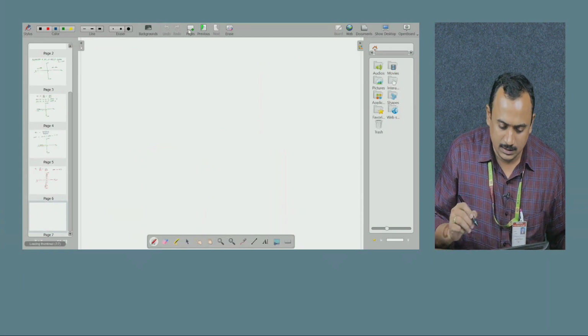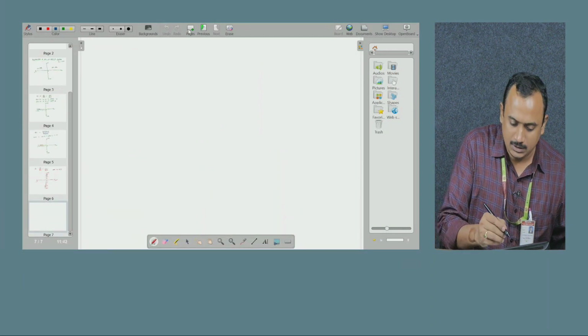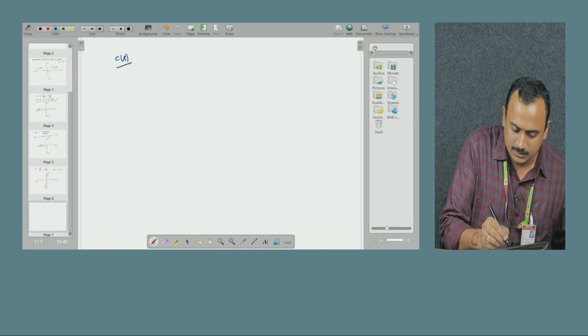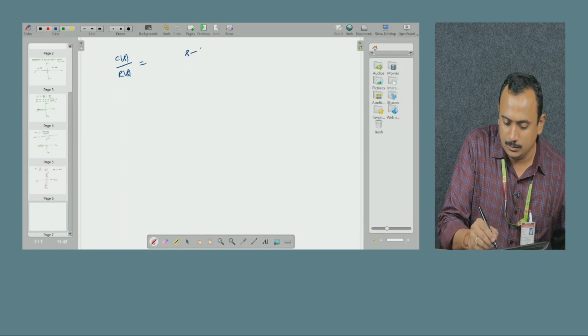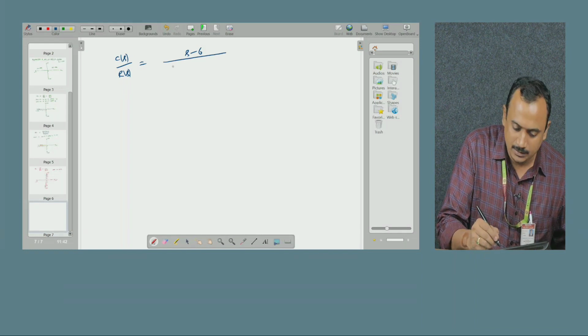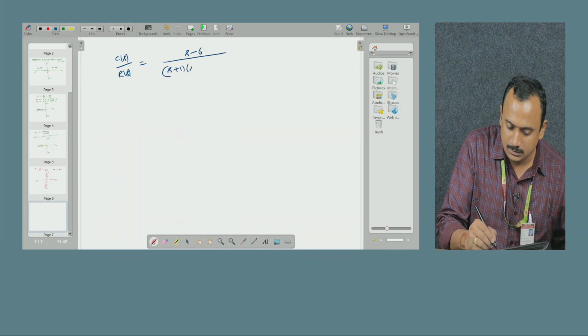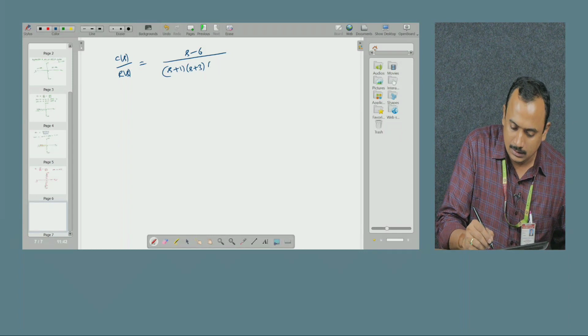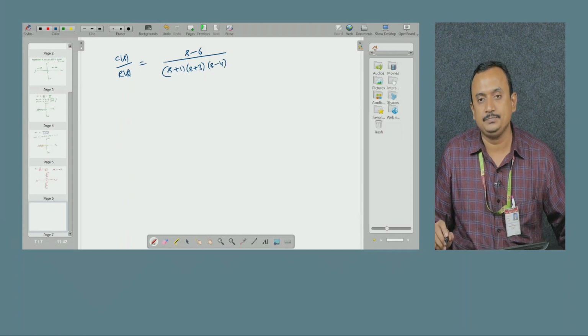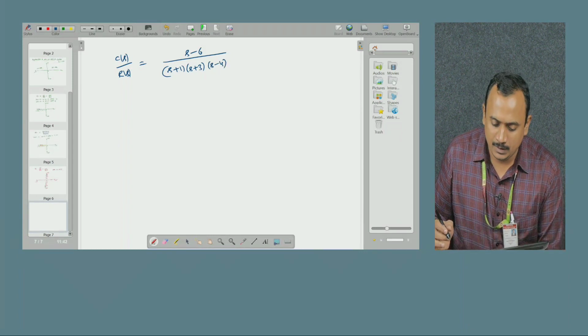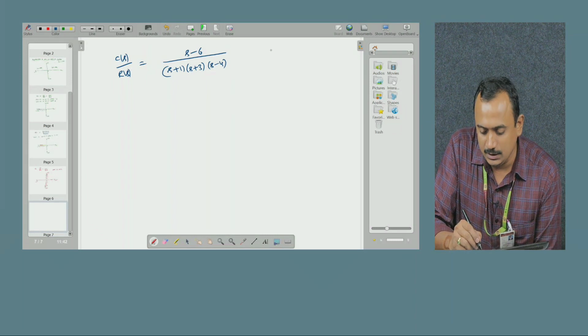Let us see another example of transfer function C of s by R of s is equal to numerator is s minus 6, denominator is let us say (s plus 1)(s plus 3)(s minus 4). Now what are the zeros? Quickly tell me.